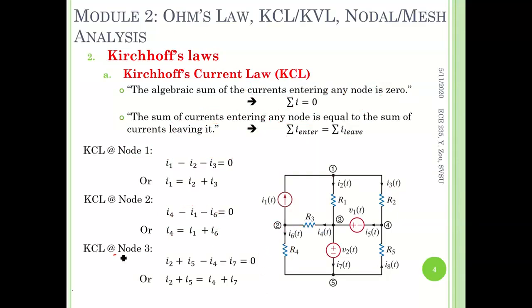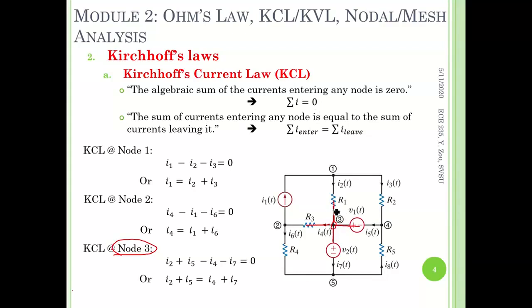Then let's see node 3 here, in the middle. First, you need to identify how many currents are involved in this KCL. Obviously 1, 2, 3, and 4, so four currents. When you write them, you should follow first the sum of currents entering node 3 is 0.